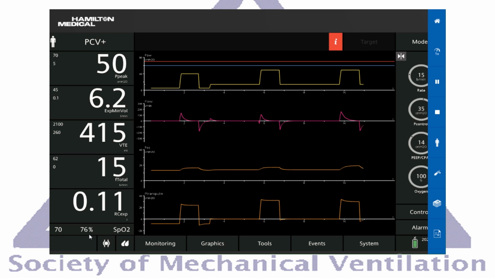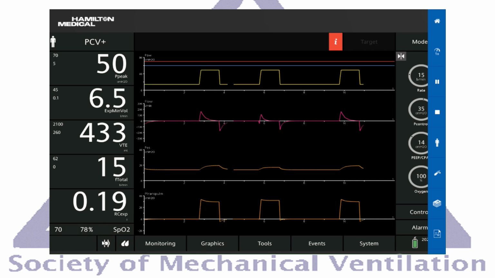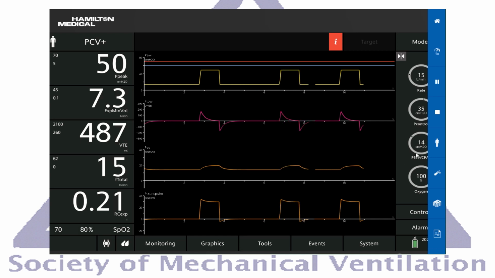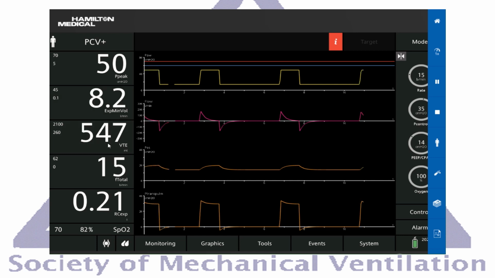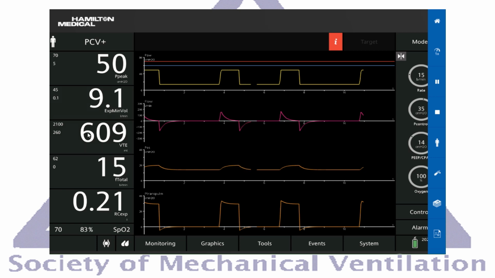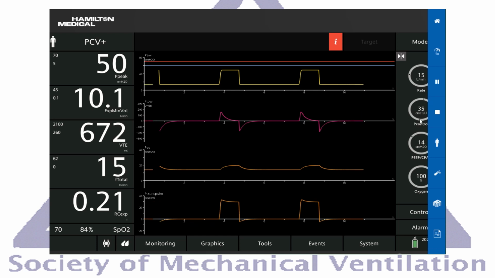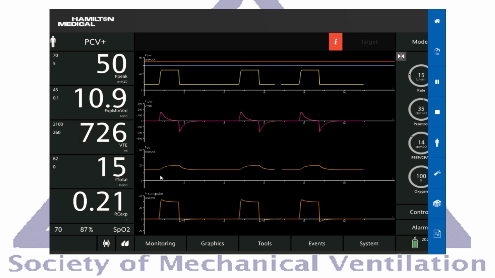And again, if the patient is responsive, his oxygen saturation should start to improve. If the PEEP improved the compliance, of course the tidal volume now is going to be much higher, as you can see here. So that's a patient who's PEEP responsive, and it's beautiful when this happens, because after we were using 35 centimeters of pressure to get 420 or 400, now the tidal volume is 720.